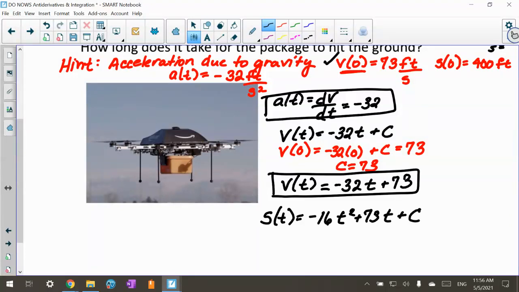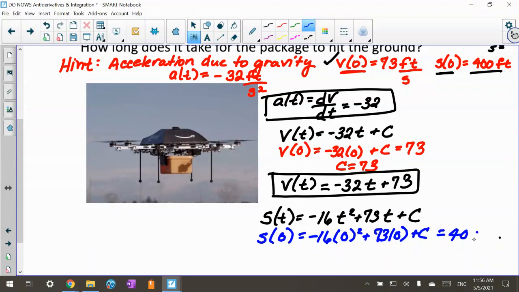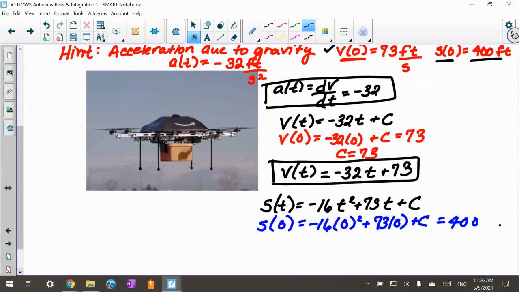Now we have this equation. I do know that the position when time is 0 is 400 feet. So we're actually going to do s of 0 to figure out this c. Negative 16 times 0 squared plus 73 times 0 plus c is going to equal 400. And when I look at that, c must be 400.